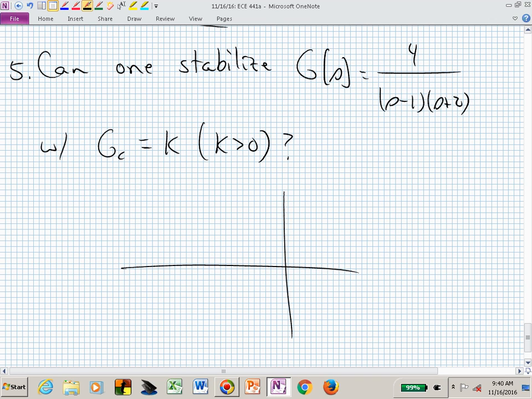So what's the first step? Put the poles and zeros down. And where are my poles? Is that what I have? This is my S-plane. Is it possible to stabilize this system with a pure gain controller?